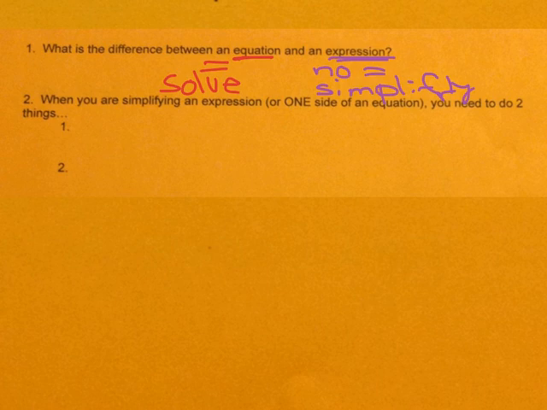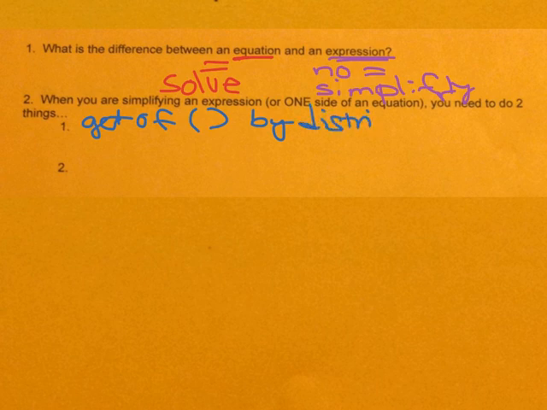Alright, so when you are simplifying an expression, or if we have an equation where one of the sides needs simplified, there's two things that we need to do. The first thing that we need to do is get rid of parentheses by distributing. Excuse my sloppy handwriting. Distributing. Okay, so you should know the distributive property.